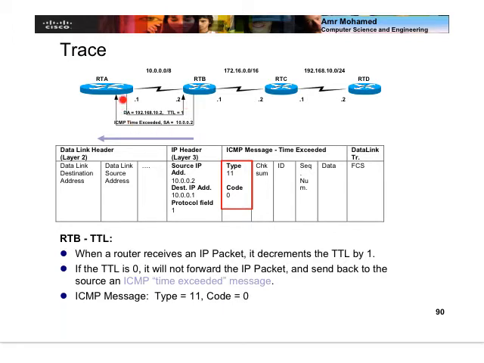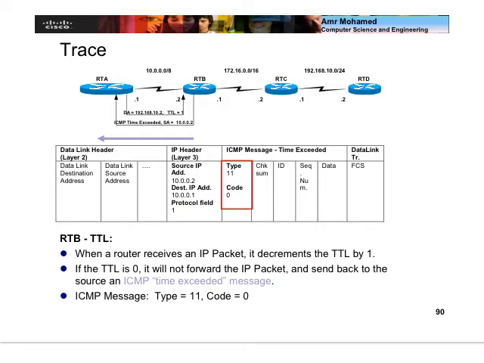It will be received by router A. So the source will be, as you can see here, 10.0.0.2, and the destination is 10.0.0.1.